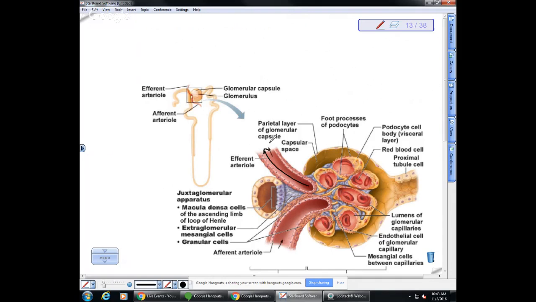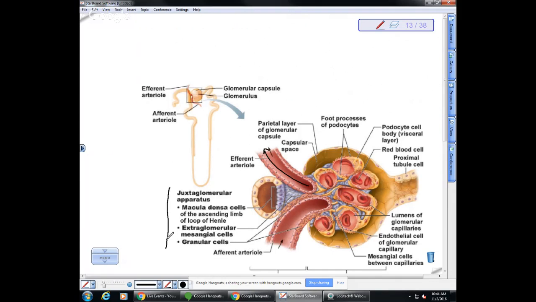Now, there is another mechanism for regulating the amount of blood that flows in, and it is due to what is called the juxtaglomerular apparatus. We're going to go back to that.